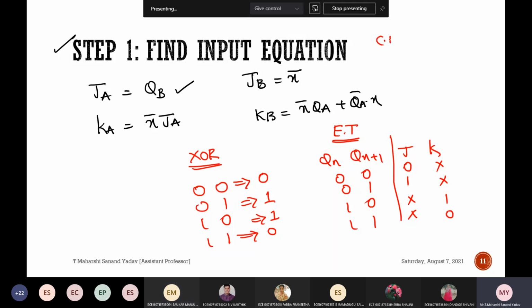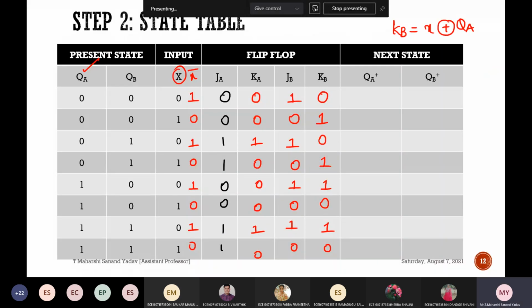Right. Next, the characteristic equation for the JK flip flop: Qn+1 is equal to J Qn bar plus K bar Qn. So this is what you have to use now. I'll write it here also: Qn+1 is equal to J Qn bar plus K bar Qn.